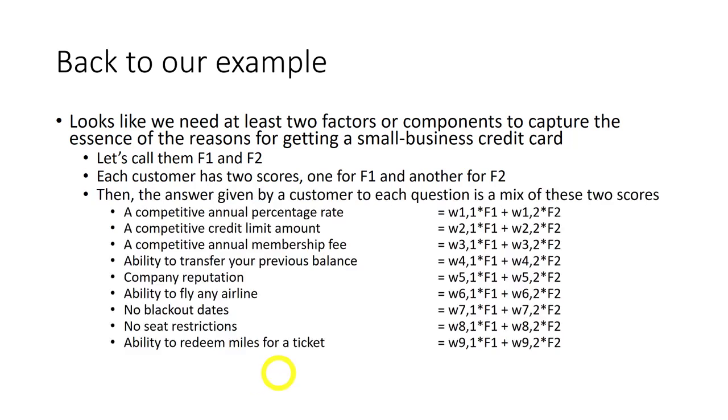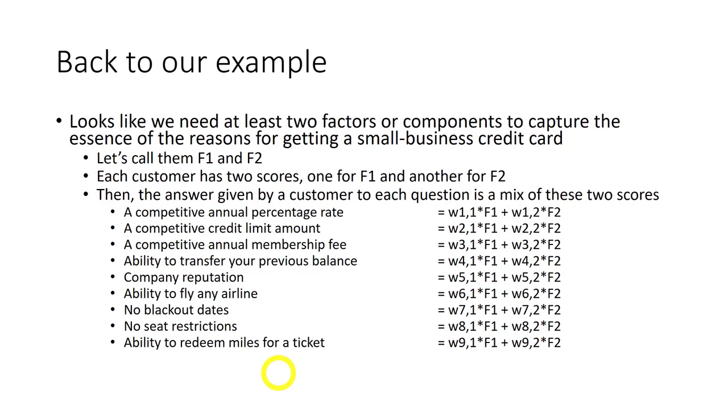Then what we observe, the answers to the 10 questions, are consequences of those two factors, those two scores. The sentiment of the customer along those two dimensions, F1 and F2, is what drives them to answer those 10 questions in specific ways.